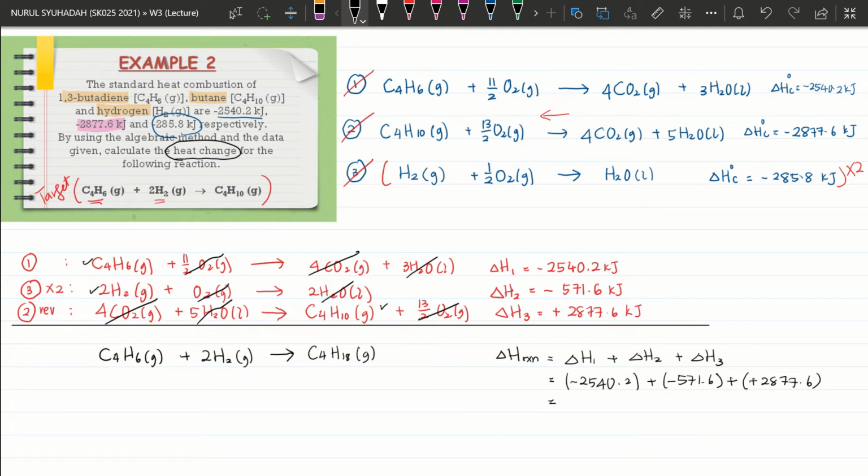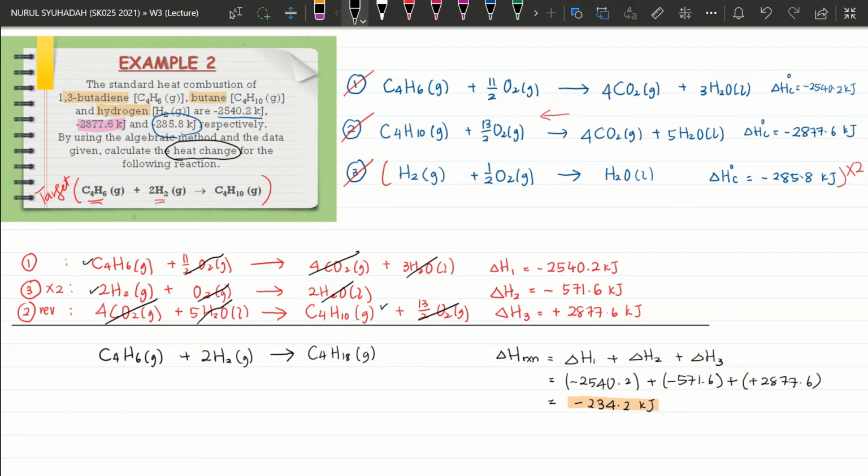So our final answer will be negative 234.2 kilojoule. And you will leave the final answer over here as only in kilojoule.